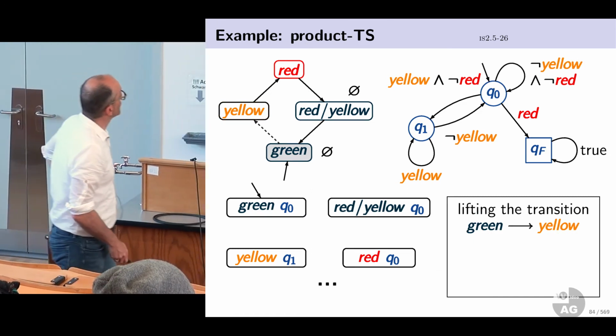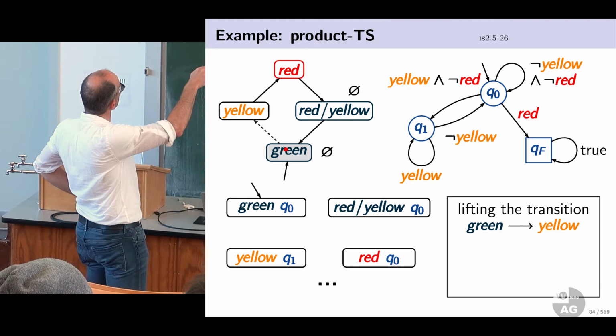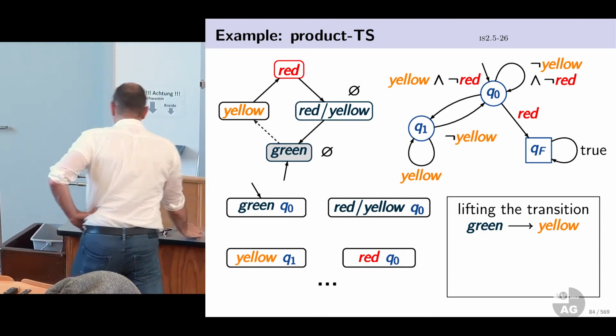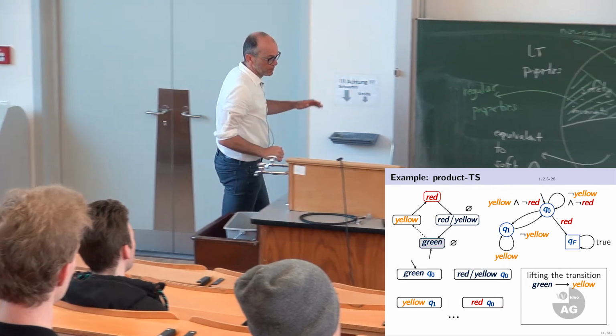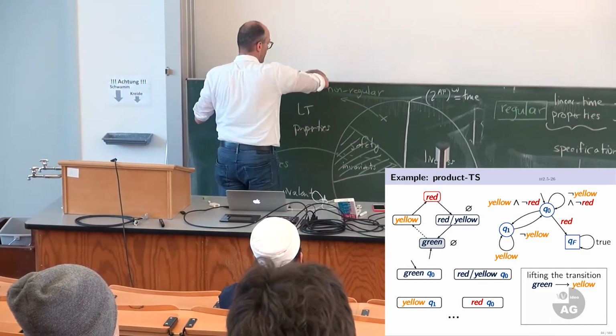Now we consider this edge in my transition system, from green to yellow. So what was the rule? The rule in the definition says the following.